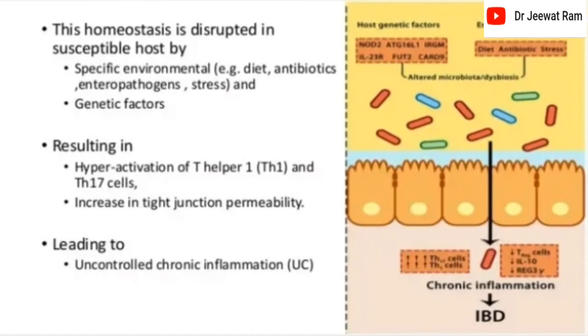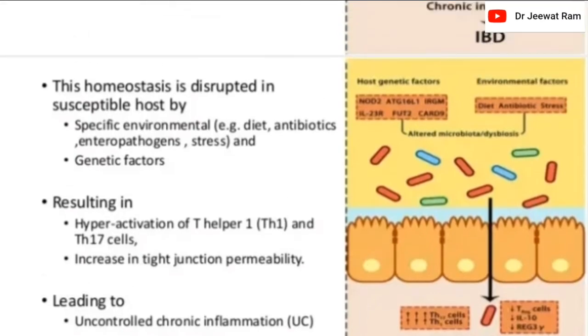This homeostasis is disrupted in susceptible hosts by specific environmental and genetic factors, resulting in hyperactivation of T helper 1 and T helper 17 cells and increased tight junction permeability, leading to uncontrolled chronic inflammation, that is ulcerative colitis.